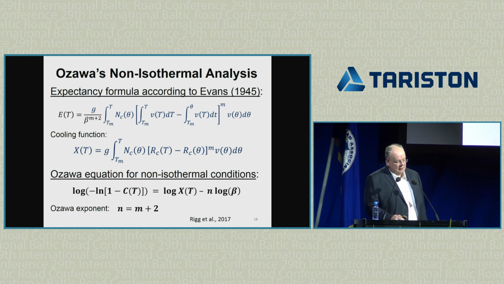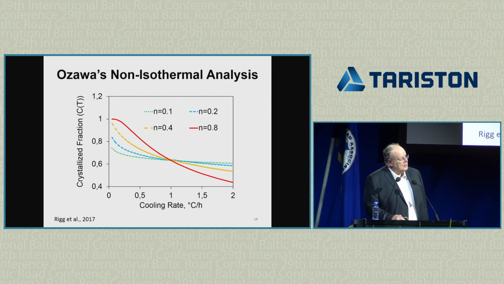We have done a theoretical analysis according to Ozawa, and it measures crystallinity versus the cooling rate. When you cool it slowly, the grade is lost. When you cool it fast, like the regular BBR test, you get a very good grade, but it doesn't mean too much. So this Ozawa constant, N, the higher it is, the faster it hardens.